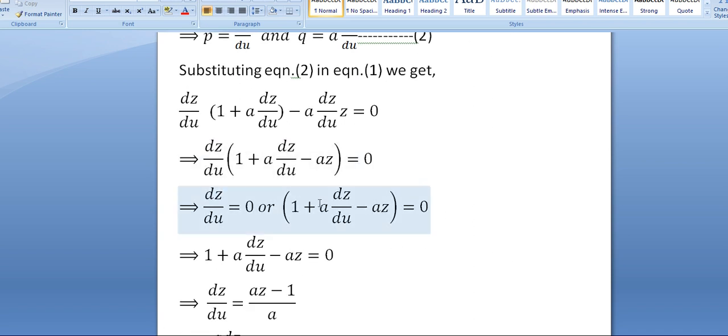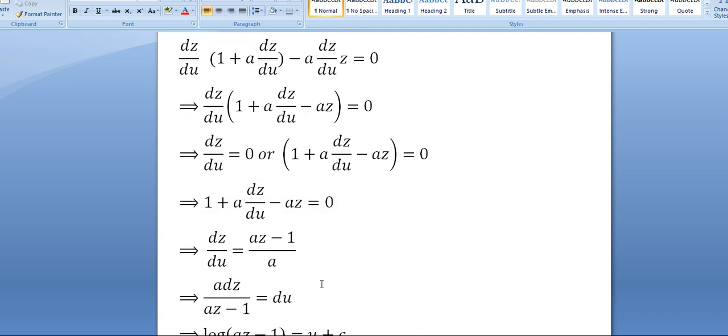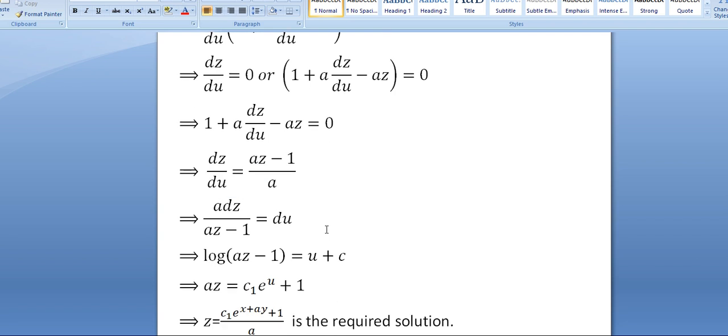Therefore, 1 plus a dz by du minus az is equal to 0. Now from this I should find the value of dz by du. Then a dz by du will become az minus 1. So dz by du will become az minus 1 by a.